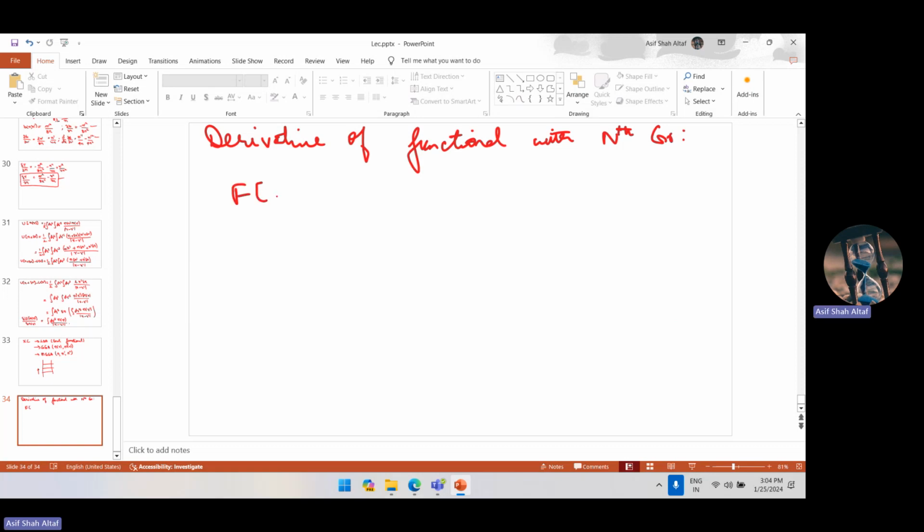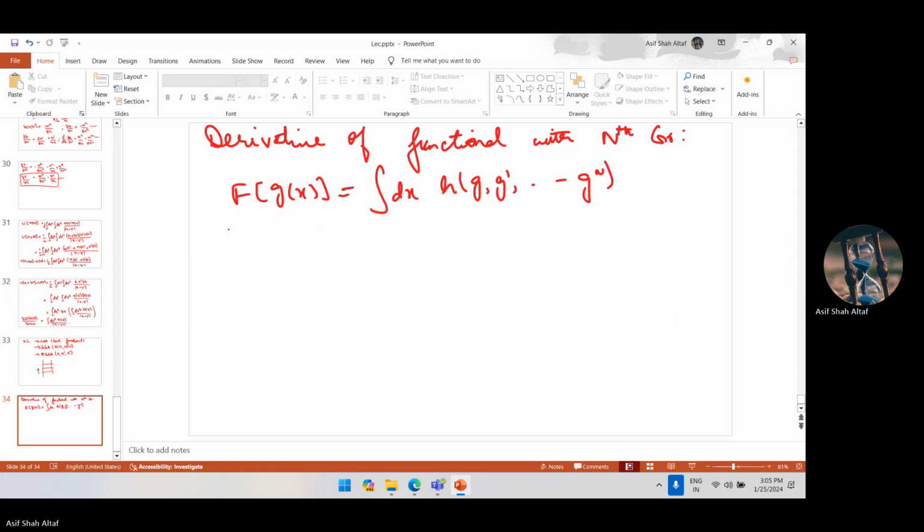So I will define it as f of g, which basically depends on say h of g, g dash, and g of n. Fine. And I will use the assumption that I used last time also, that g and its derivatives basically vanish at endpoints.